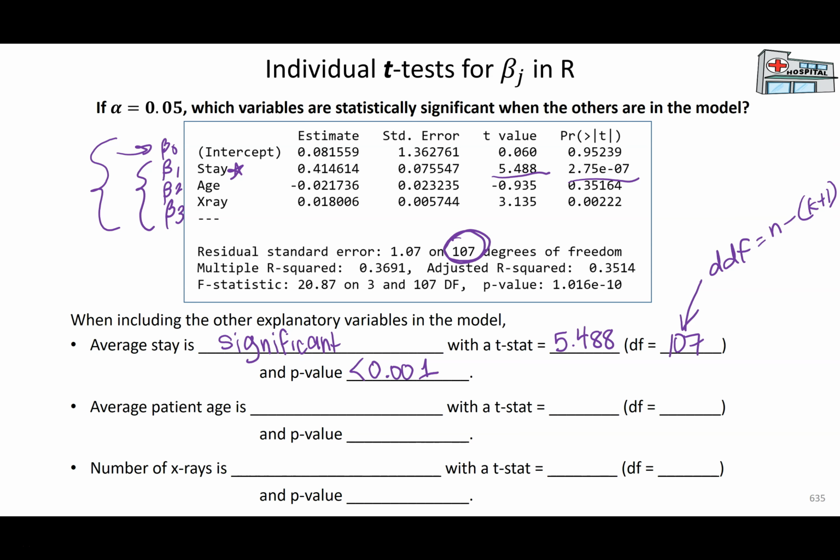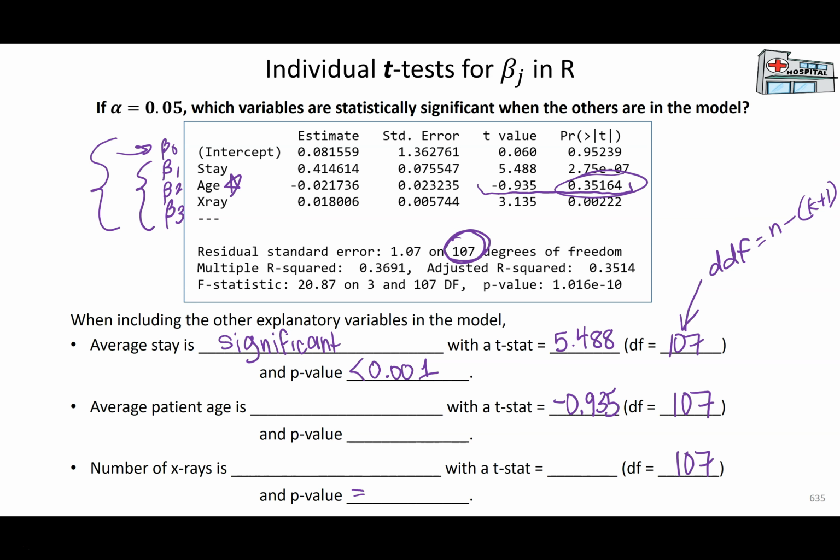Then if I look at patient age, so now I'm looking at row 3 here. I'm going to look at my t statistic. My degrees of freedom are going to be the same for all 3 of these. That's one thing that's cool. So my t statistic will be negative 0.935, and that's not very far from 0. And sure enough, here we have this p-value. It's pretty big.